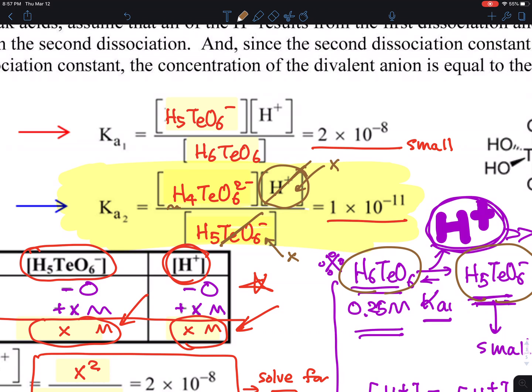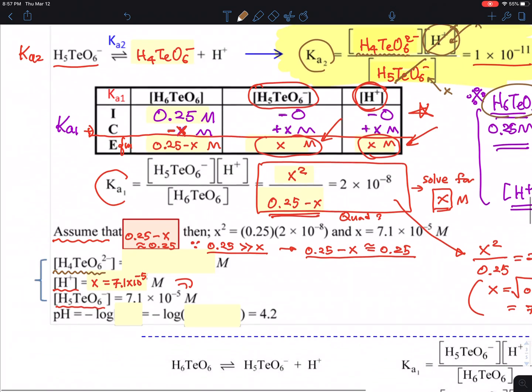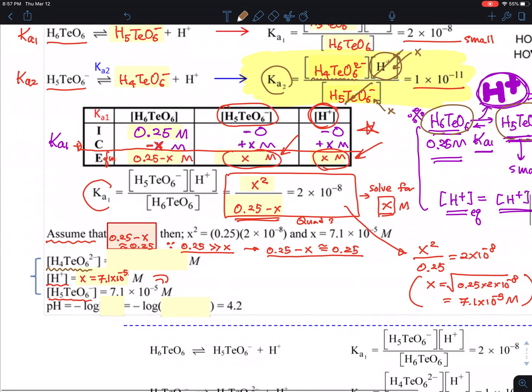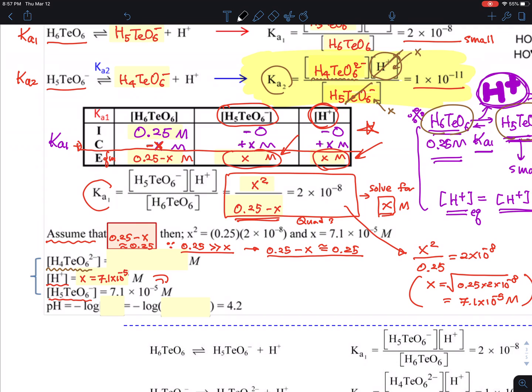So what we want to know, the concentration of H4TeO6, is the same as the Ka2 value, and the answer is shown up here. Because these two values shown up are the same, that's essentially the same as Ka2. And I can simply write down the value of 10 to the minus 11.